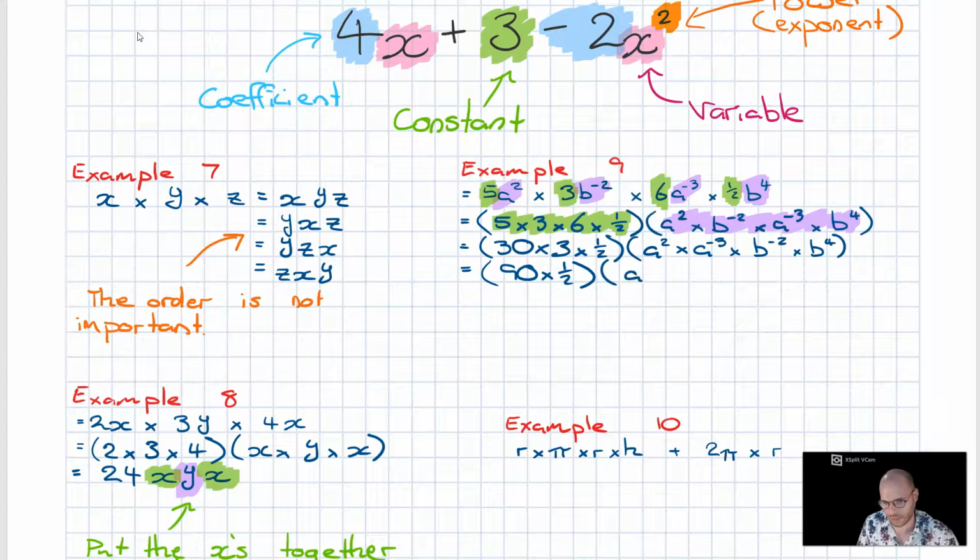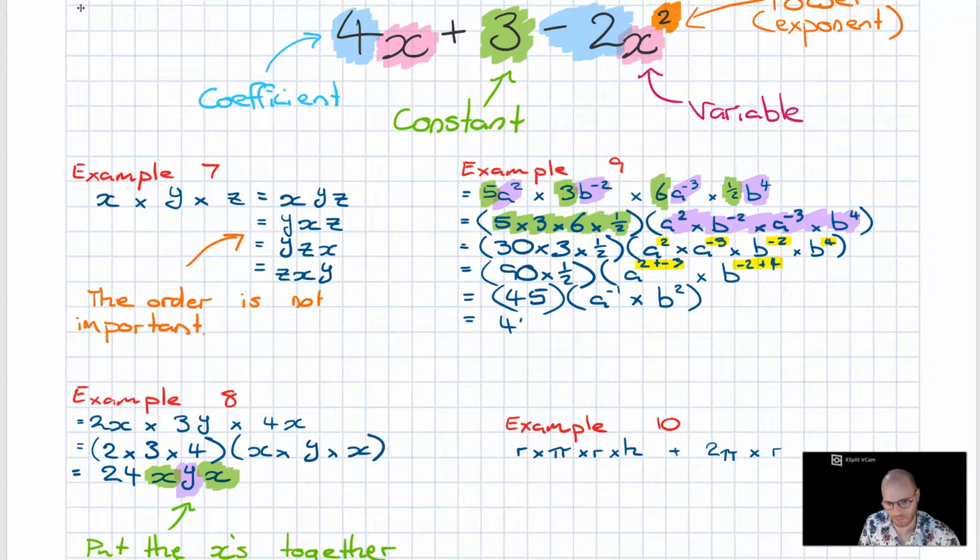Then we've got a to the 2 plus minus 3 times b to the negative 2 plus 4. So we're adding the powers together. 90 times a half, well that's half of 90, so that's 45. Then we're going to have a to the 2 plus minus 3, which is minus 1, times b to the power of negative 2 plus 4, that's positive 2.